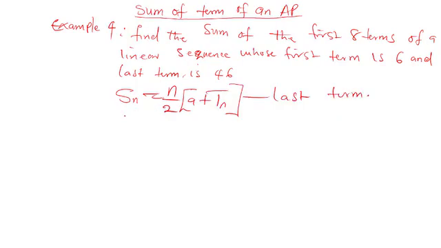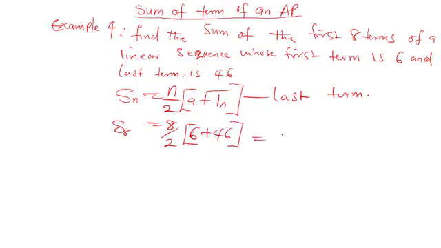So they say we should look for the sum of the first 8 terms. S8 will be equal to n, which is 8, over 2 in bracket, the first term a is 6 plus 46.